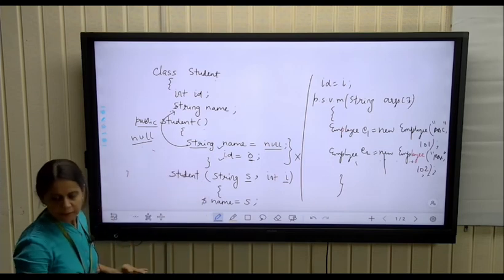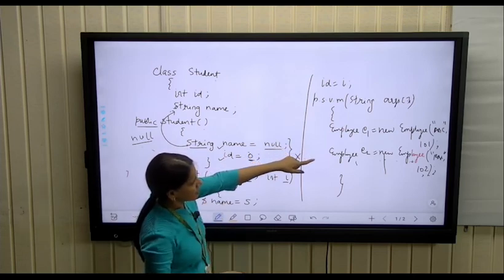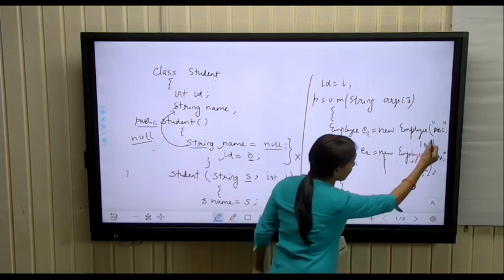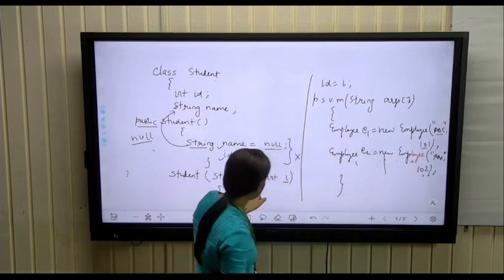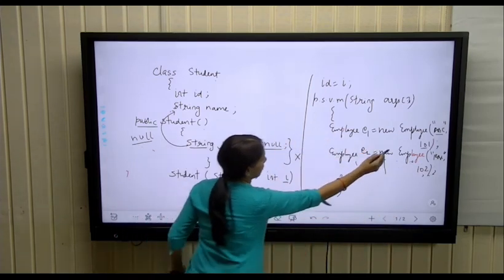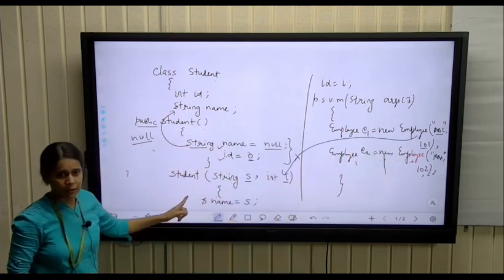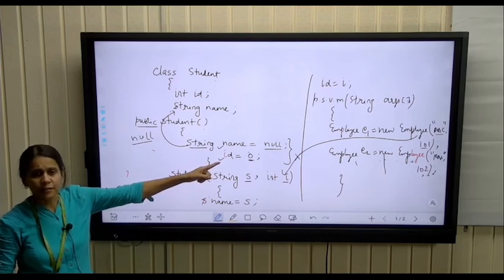Okay. So next, yes, this is the value which we are passing here, that this is the actual parameters and this is the formal parameters. So the actual parameters will, or this employee will call this constructor because it is parameterized, right?